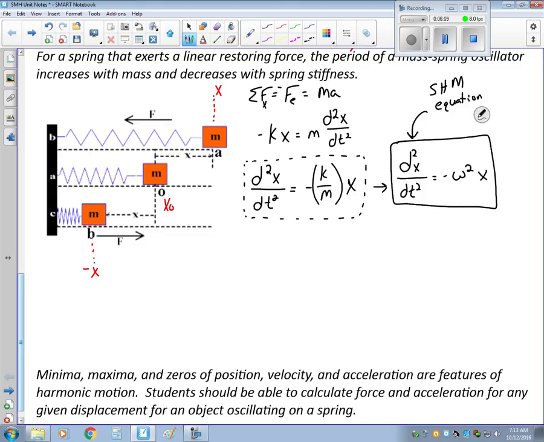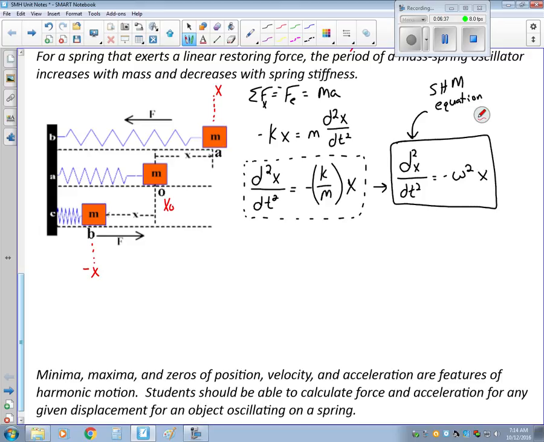It is well beyond the scope of this course to try to find the solution of the second order differential equation. But there are some things we can pull from this nonetheless. When you get to college and you take differential equations and you learn how to solve second order differential equations, basically what we do is we guess a solution to this equation and then check to see if it works.